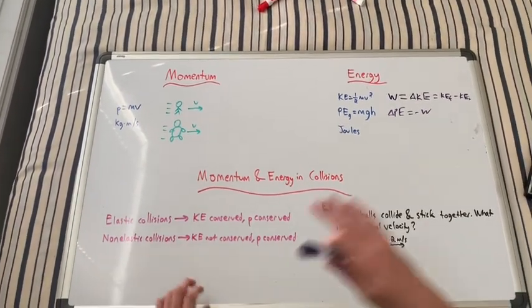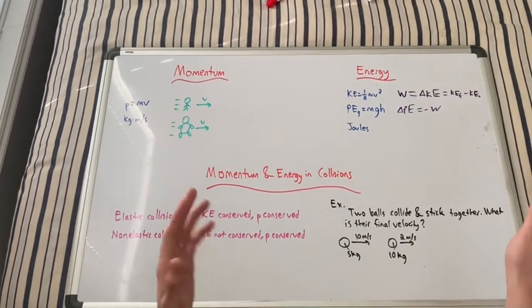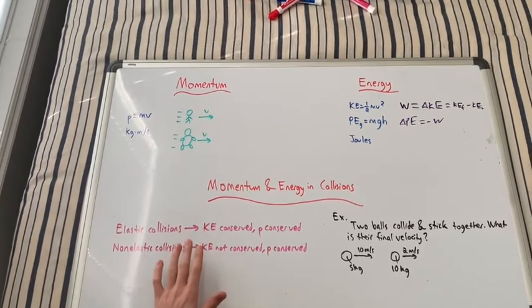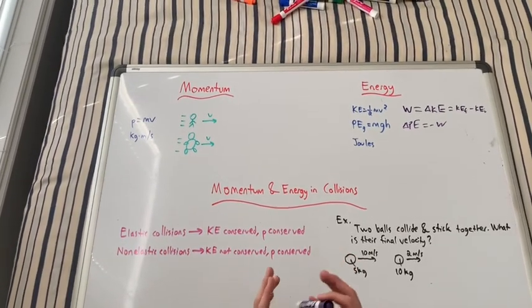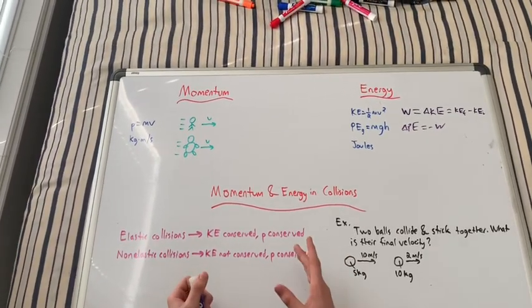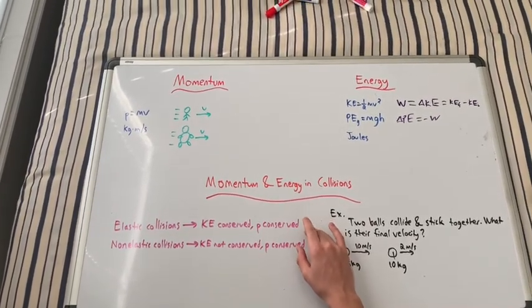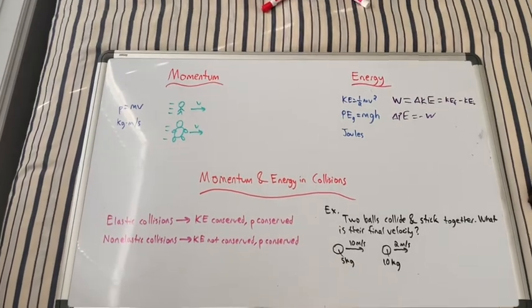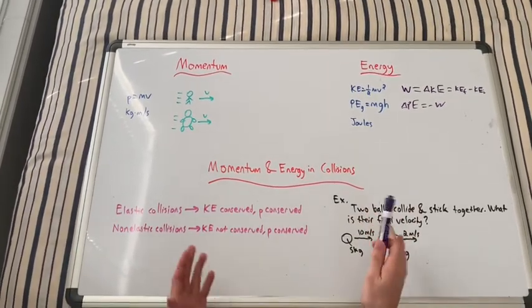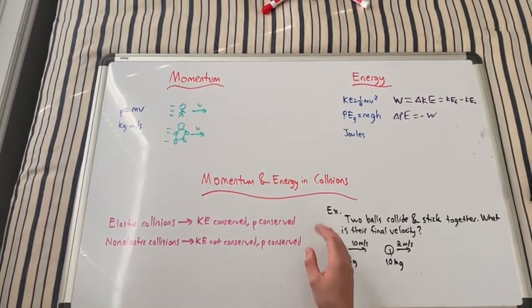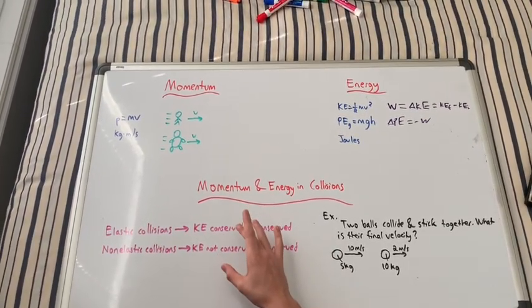At the far end, in an ideal world, we have perfectly elastic collisions, where kinetic energy is totally conserved, and momentum is also conserved. In all collisions, momentum is conserved. What defines the type of collision is whether or not kinetic energy is conserved.